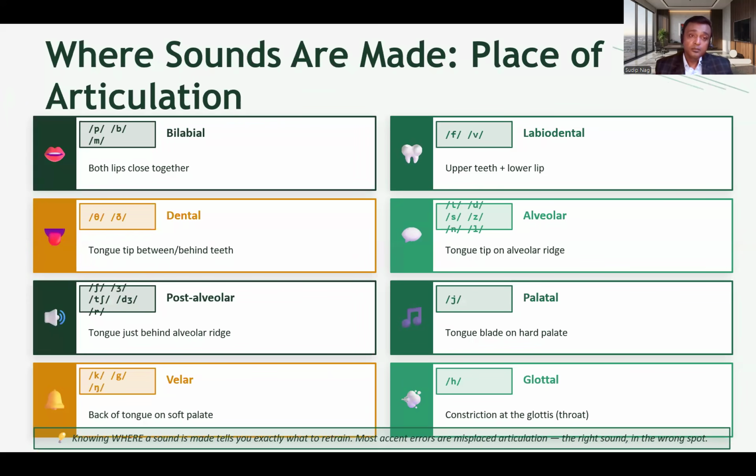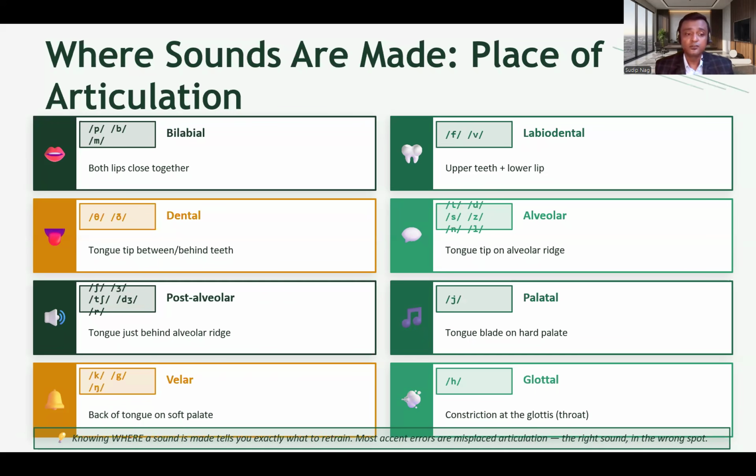Now, where sounds are made in terms of articulation: bilabial, both lips, unvoiced but obstructed. Dental, where the tongue and teeth are used. Then you have post-alveolar, the "j" and "sh."